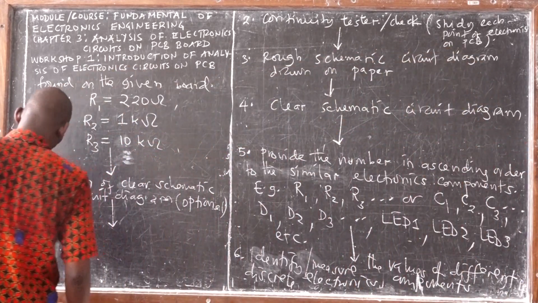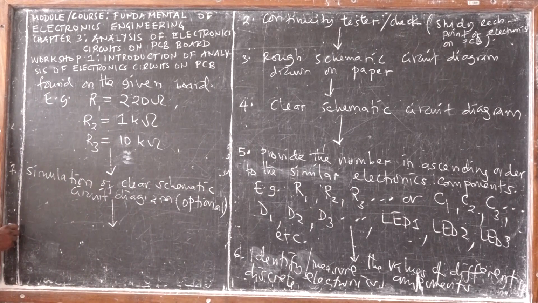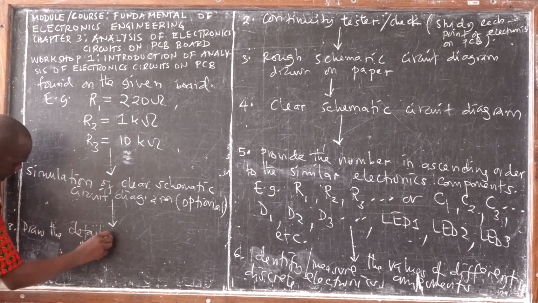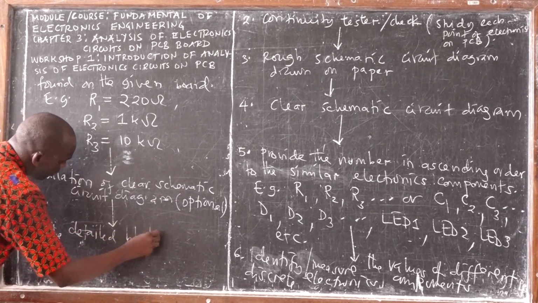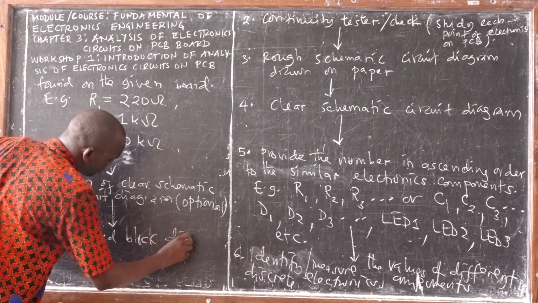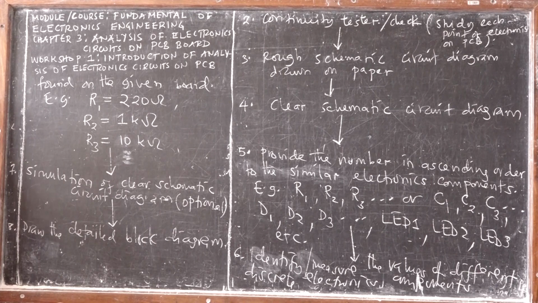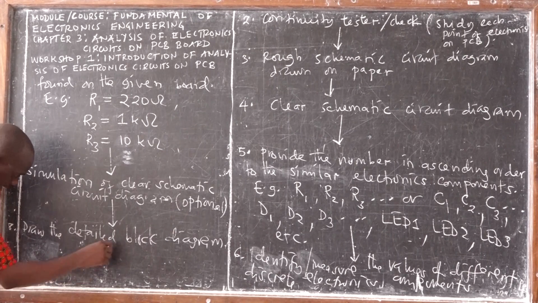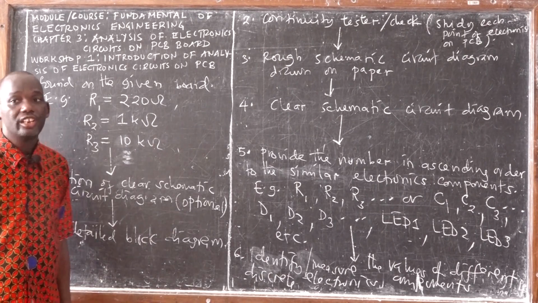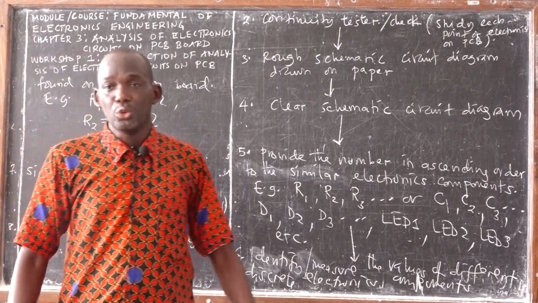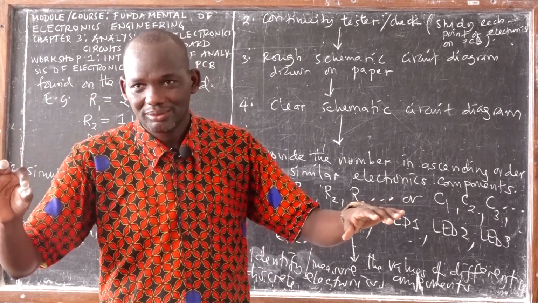So the next step, which is step number 8, we say that now draw the detailed block diagram. How can you draw this detailed block diagram? You stop writing.